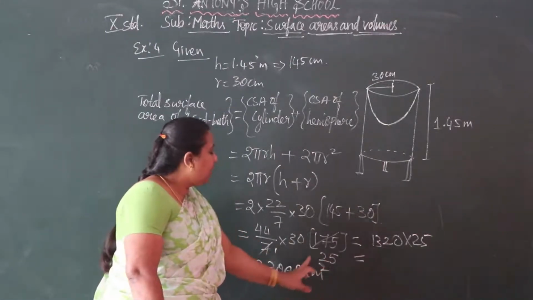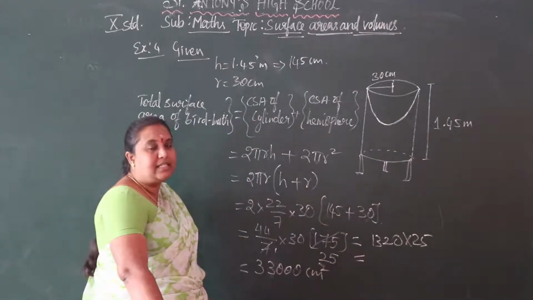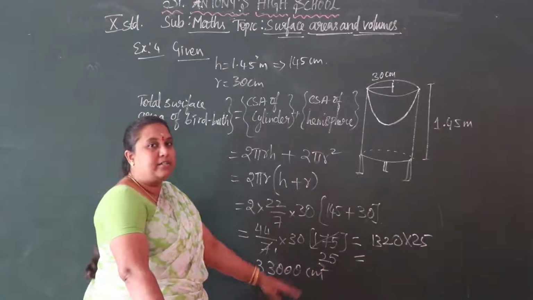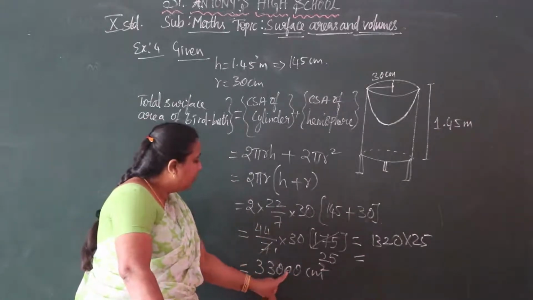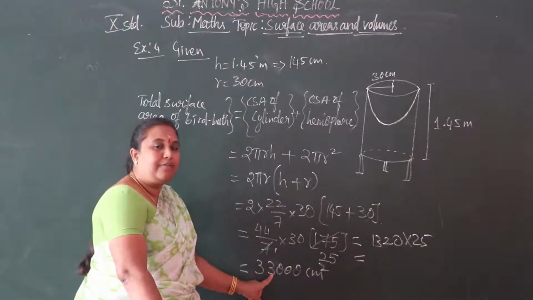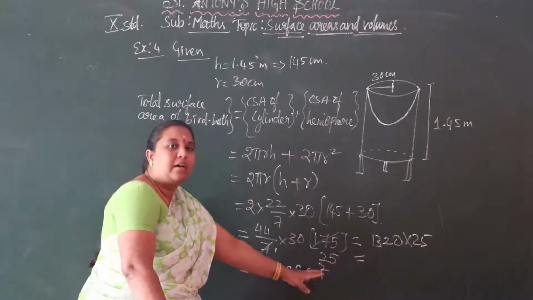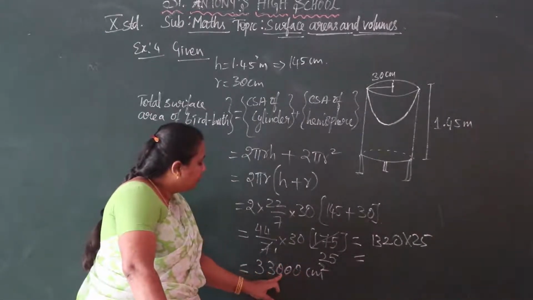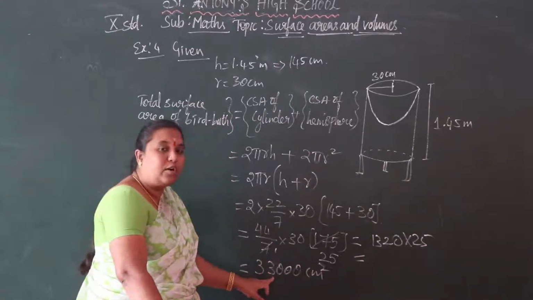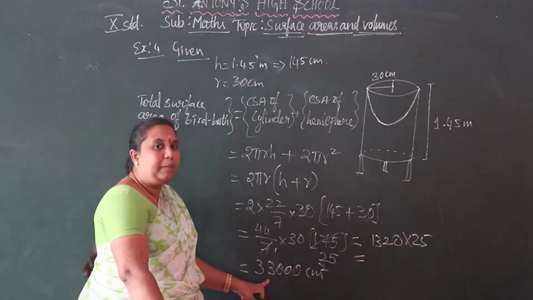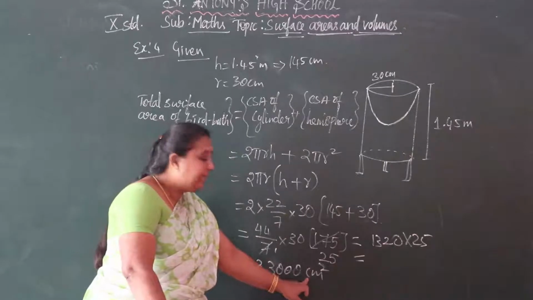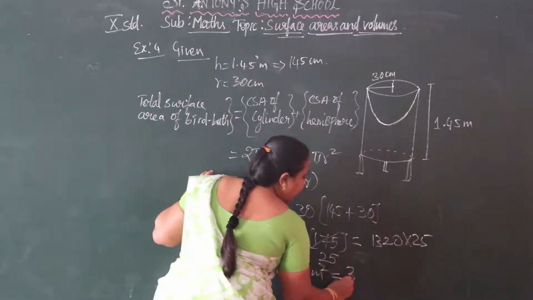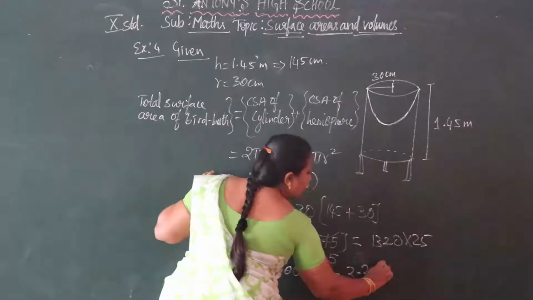This centimeter square can be converted into meter square by dividing. 1, 2, 3, 4, the 4 decimals we have to take. So the exact answer is 3.3 meter square.